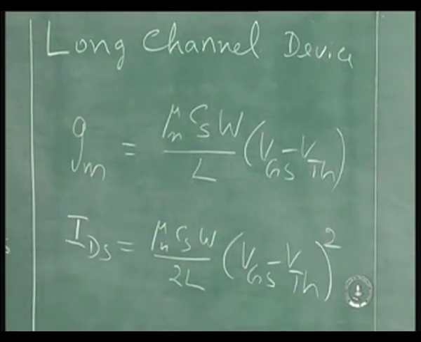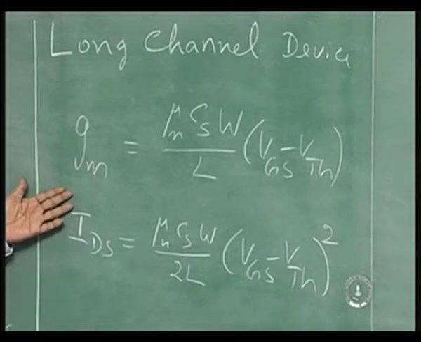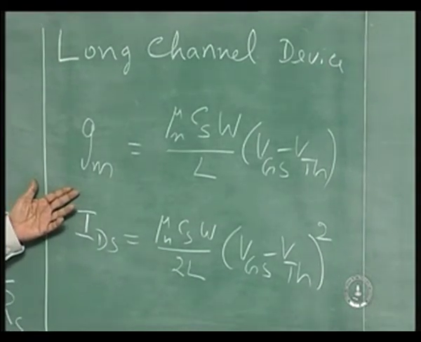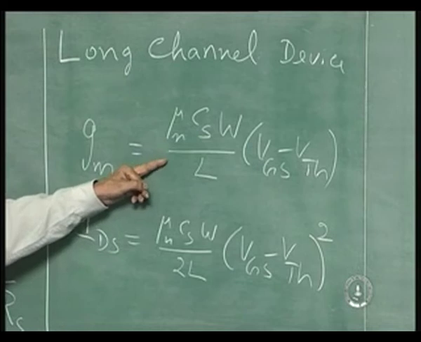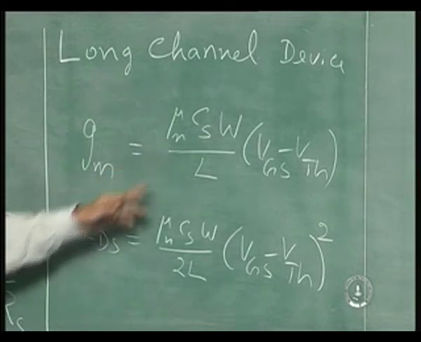So now you can see if the channel length is long, if you have a material whose mobility is 5 times higher than that of silicon, you will definitely get the GM 5 times.